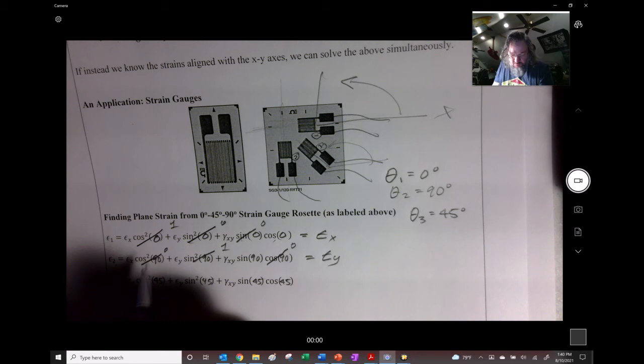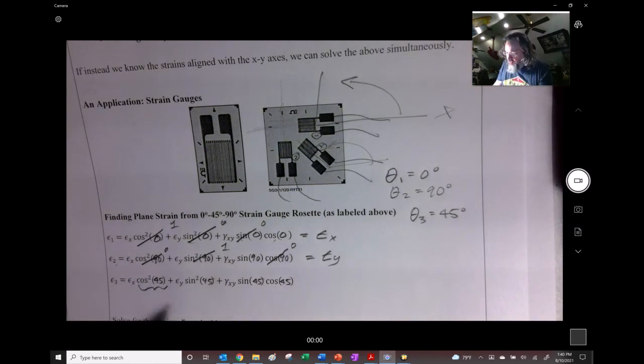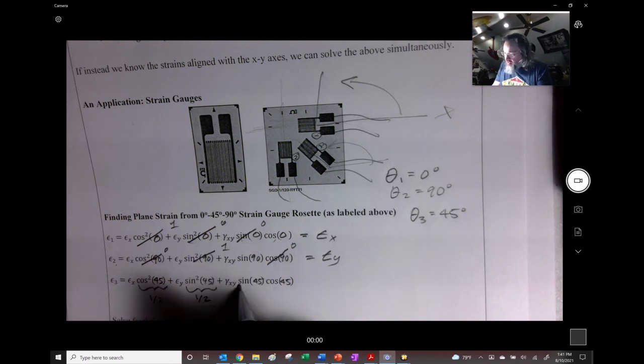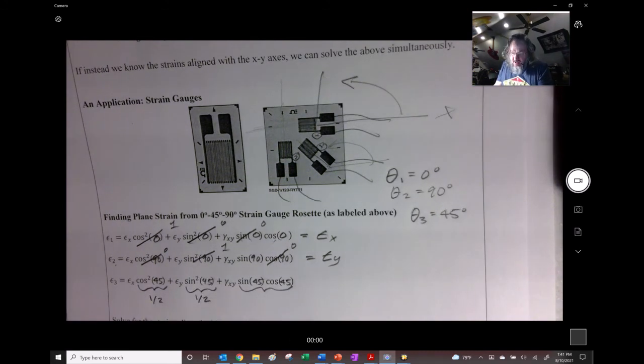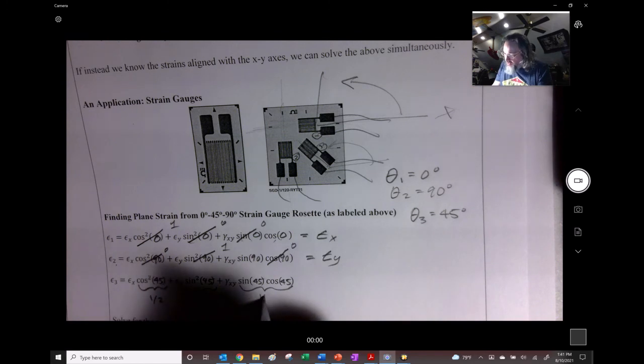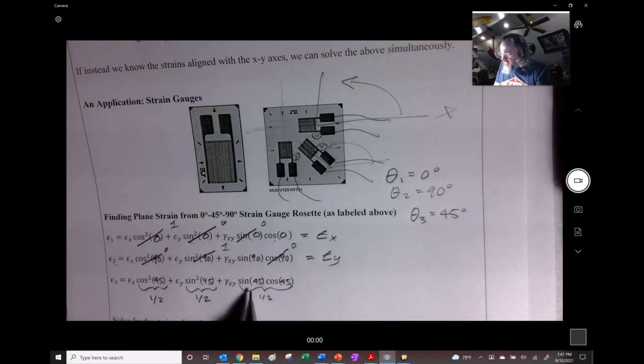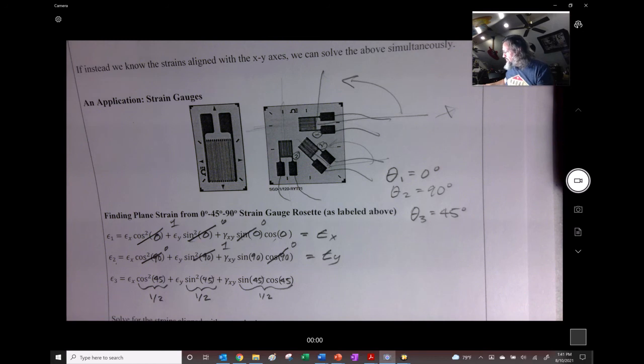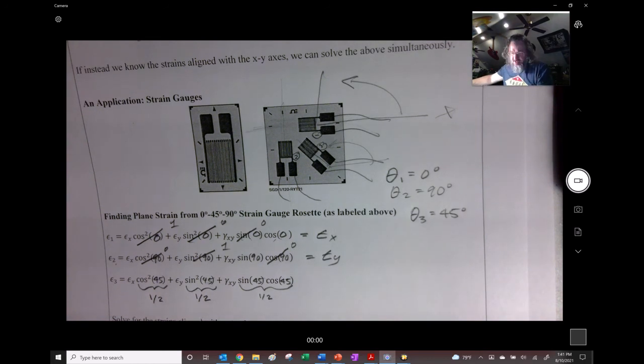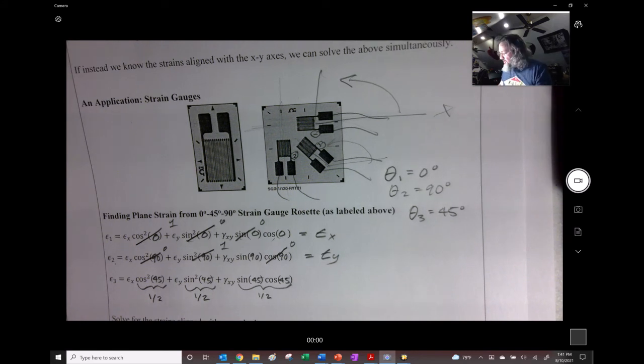This one, however, is going to go to 0.707, but it's squared, so it ends up going to 1/2. This one also, 0.707 squared is going to be 1/2. And this guy right here is going to be 1/2, I believe. I had to be careful with the 135 in there. Let me double check this, because people have pointed out that I've made mistakes on this before. And I think I'm okay with this. Yeah, I'm pretty sure I'm okay.